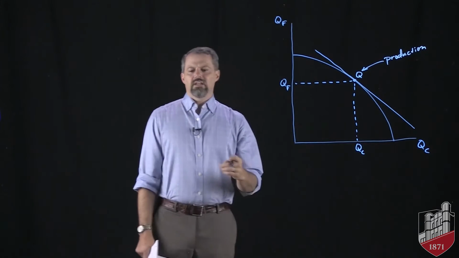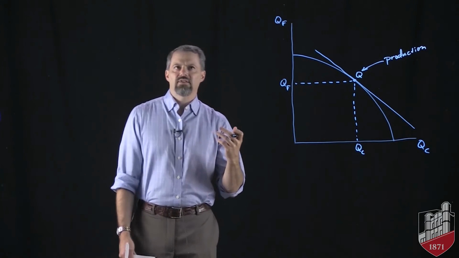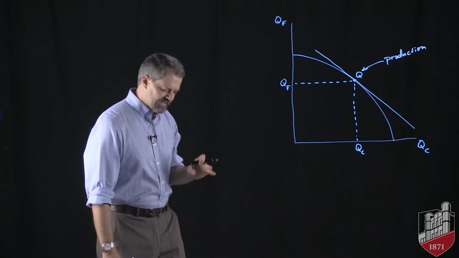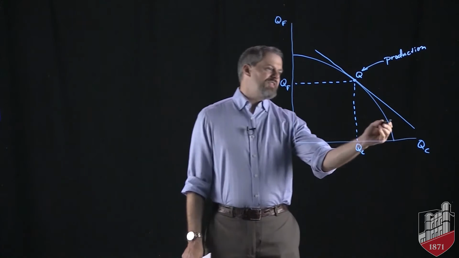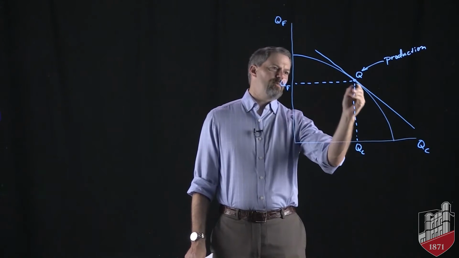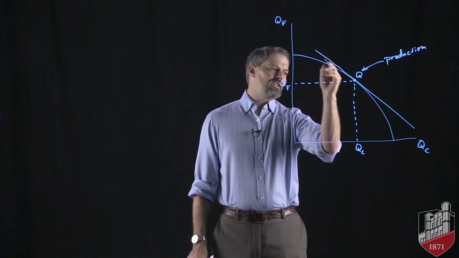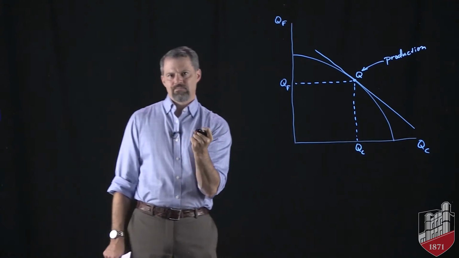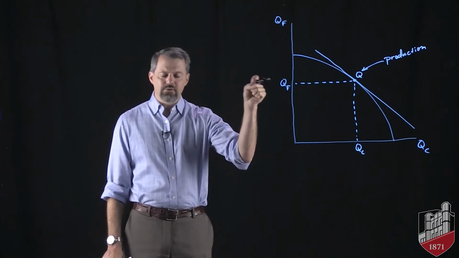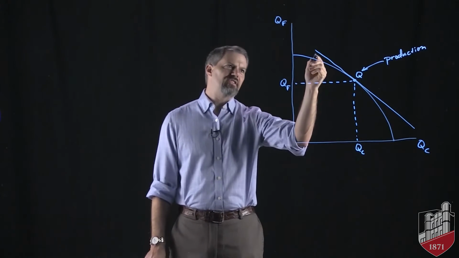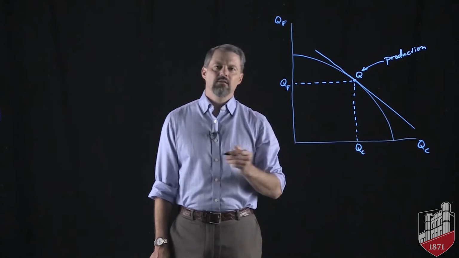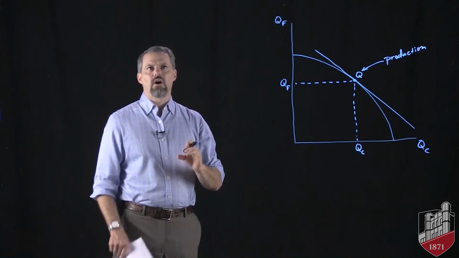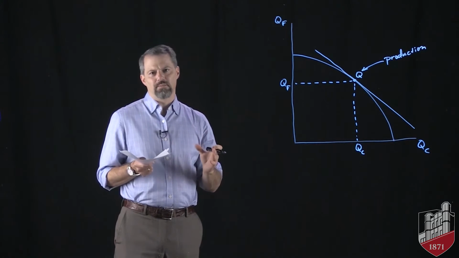What we haven't done yet is talk about, well, what's the bundle that is actually going to be consumed? We have discussed the fact that this iso-value line represents combinations of cloth and food that all have the same value. And we also discussed the fact that this represents the budget constraint for our economy. So it represents all of the bundles that can be consumed.